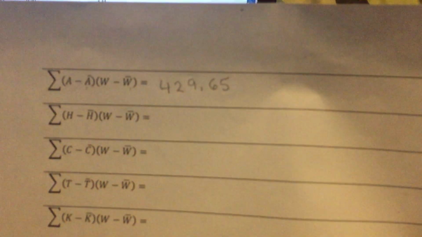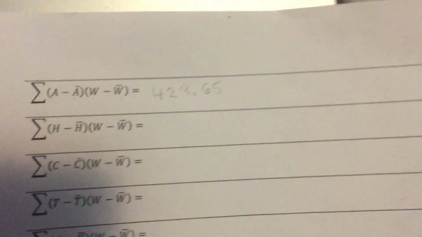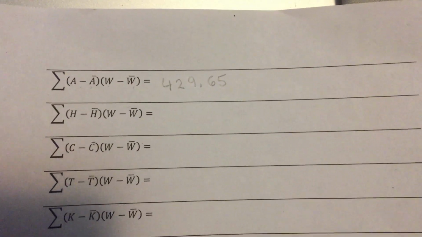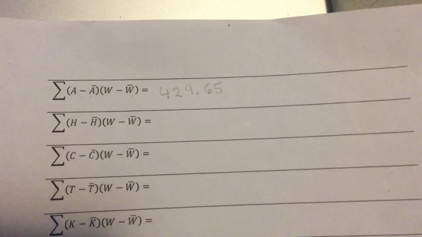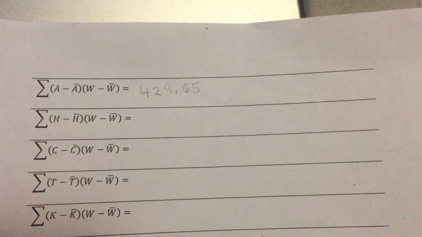We've got the sigma of A, the age minus the age's mean, times W, which stands for the weight, minus the weight's mean. And I put the answer as equals 429.65.